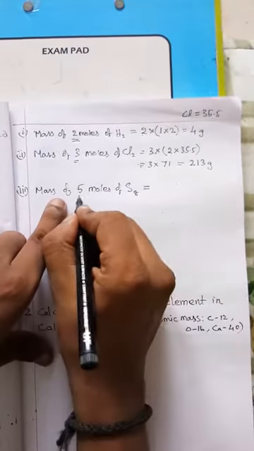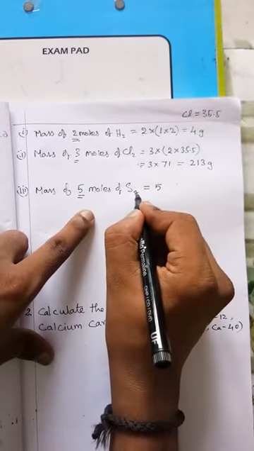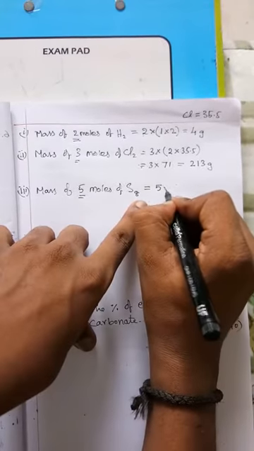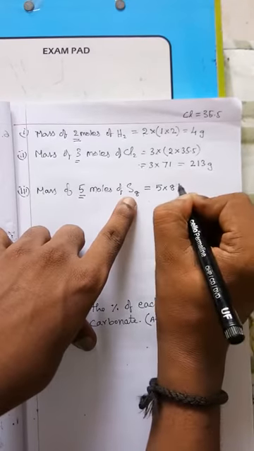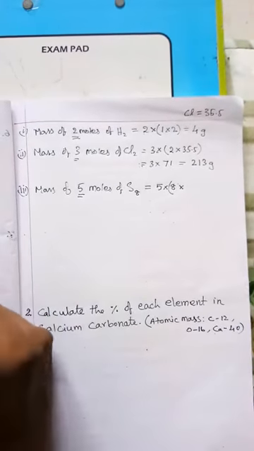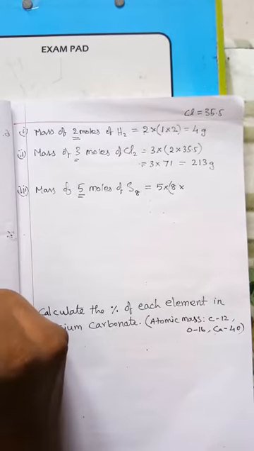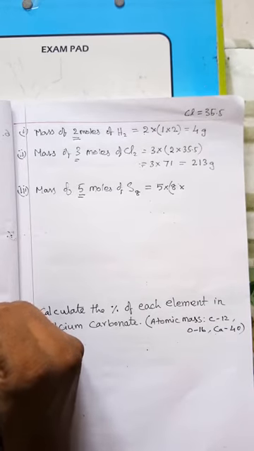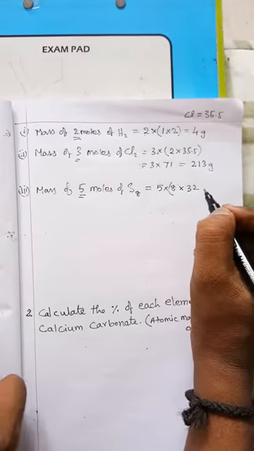Here, first how many moles do you take? 5 moles, into 8, because here there are 8 sulfur atoms, into the mass of sulfur. The mass of sulfur is not given, so the mass of sulfur is 32.